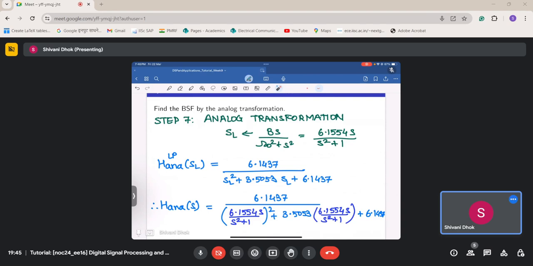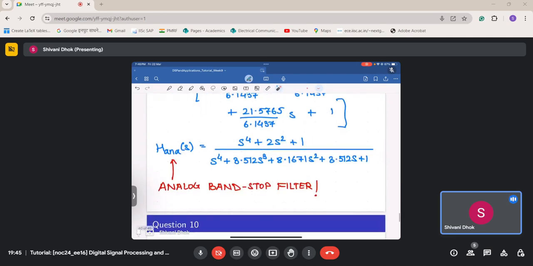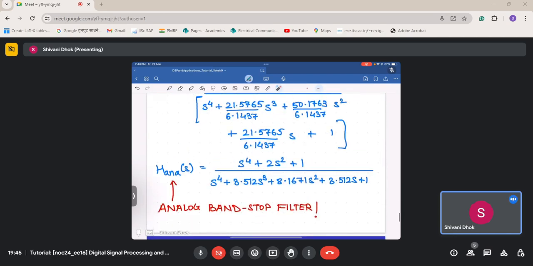So we'll replace this SL by this particular value everywhere. So once we have done that, and after simplifying, we'll get another transfer function which is H analog of S, which comes out to be something like this. And this thing here is basically the transfer function for analog bandstop filter.